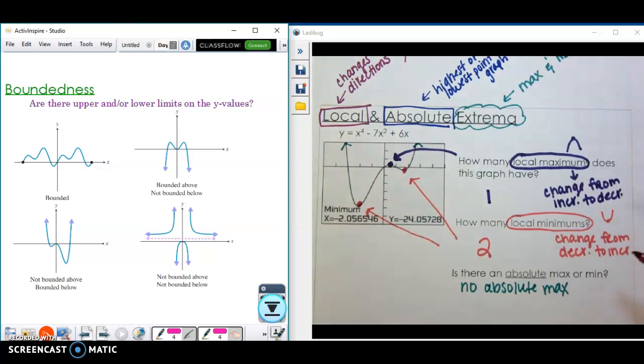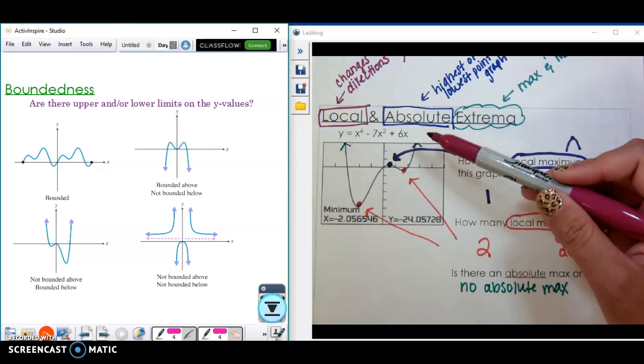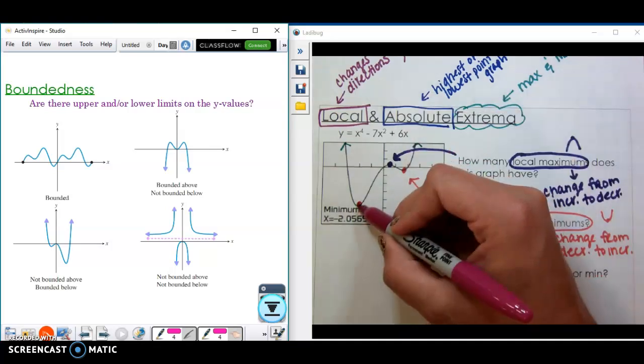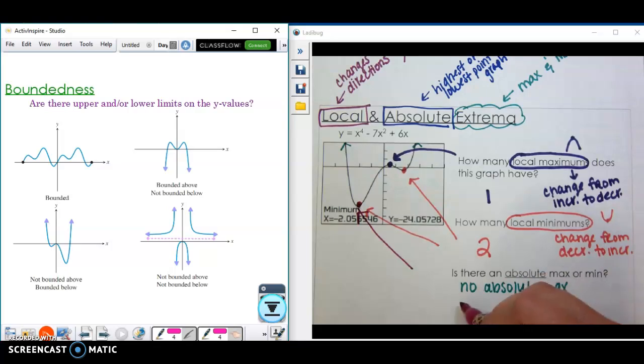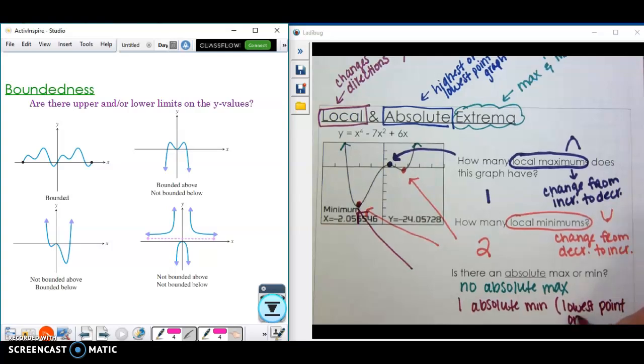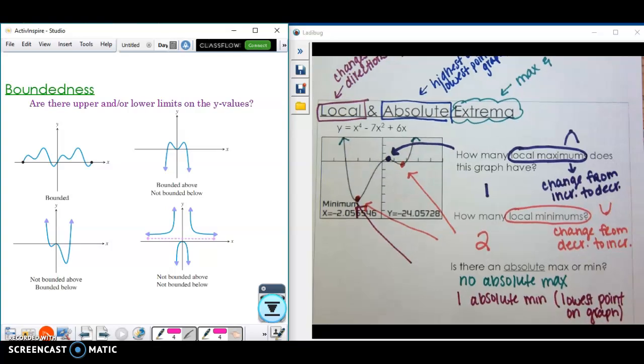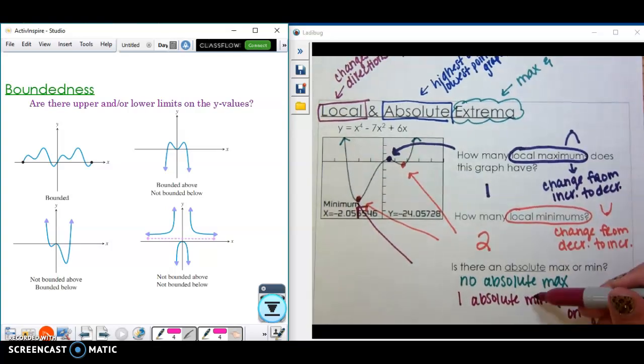For the absolute min, though, the graph keeps going up, but it doesn't keep going down. So this right here is our lowest point, okay? So we have one absolute min, and the reason we have that is because it's the lowest point. That's the lowest point on the graph. Okay, so that absolute min is actually a local min as well because it changes directions, but it is an absolute min because it is the lowest point.